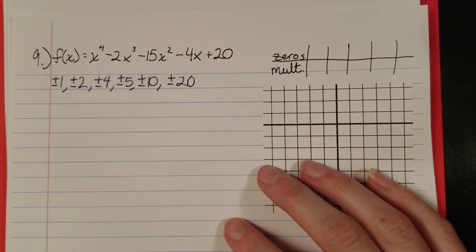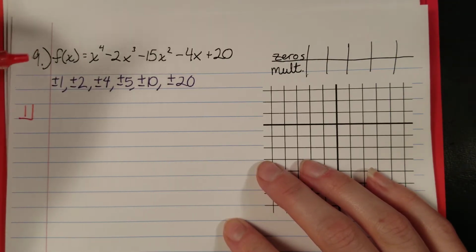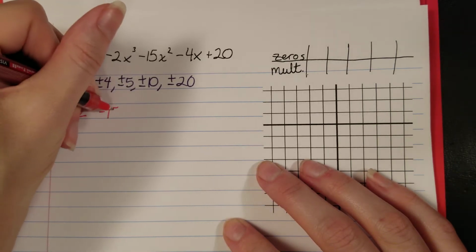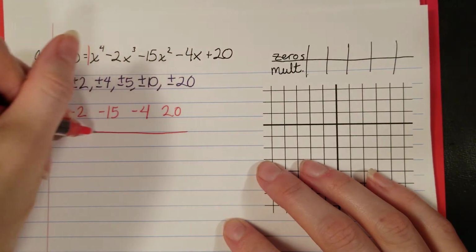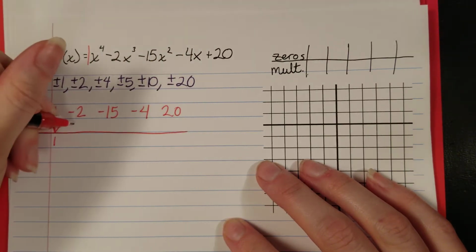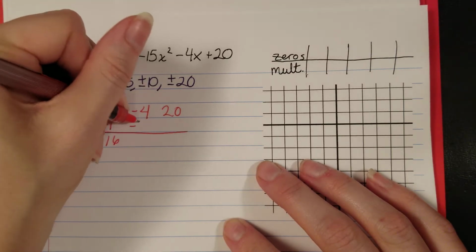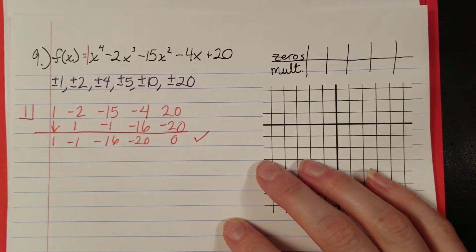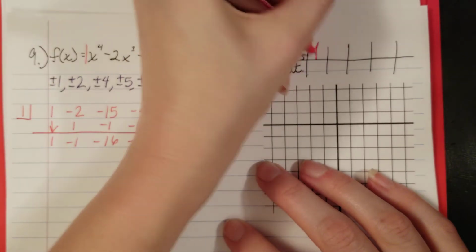So I'll start with 1 in the box like I always do. And then my coefficients, I've got 1, -2, -15, -4, and 20. So 1, 1, -1, -16, -20, and 0. Yay, it worked.